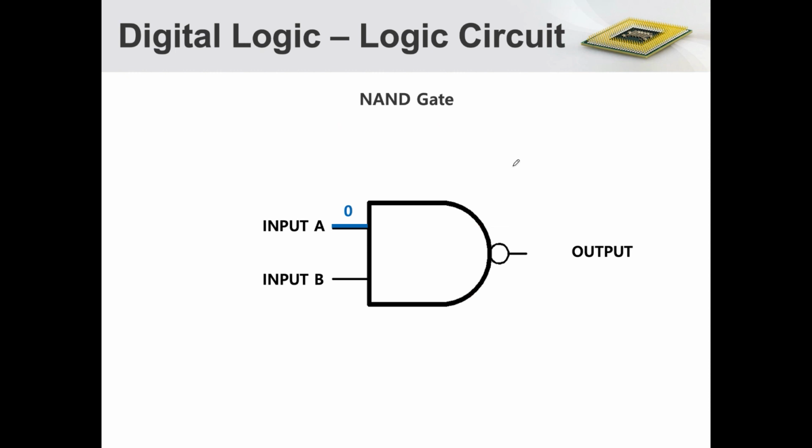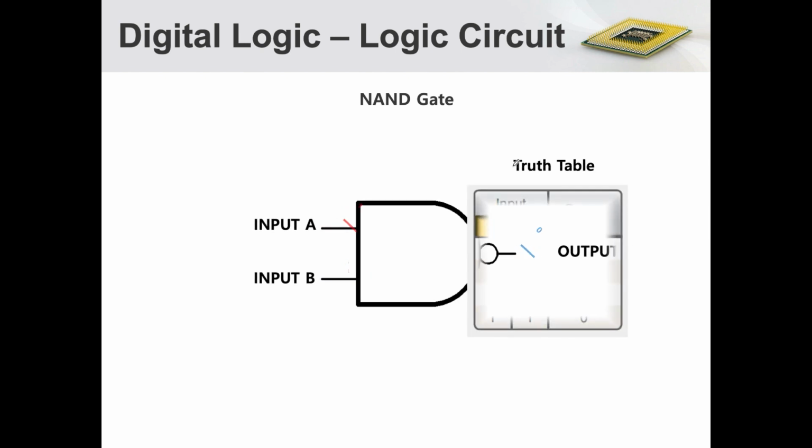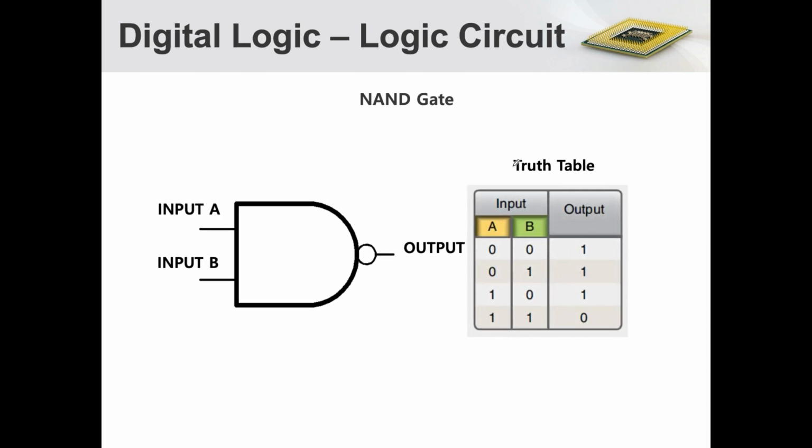What's going to happen if you have 0 0, you have the output of 1, and then 0 1 is going to have 1 also, and 1 0 is 1, and lastly it will change to 0 if all the inputs are 1. So this is how the truth table looks. You can see it is the inverse of the AND logic gate.